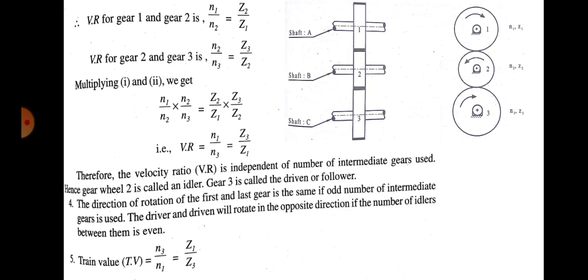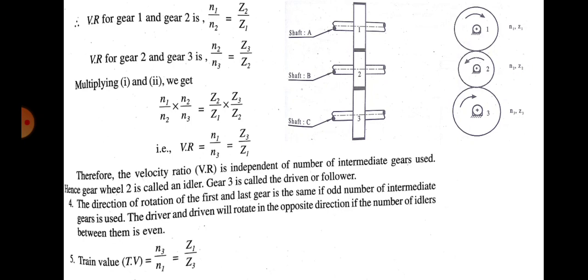You can have n number of intermediate gears in between, but the speed of the first gear divided by the speed of the last gear will be equal to the number of teeth on the last gear divided by the number of teeth on the first gear, irrespective of how many intermediate gears there are. They are not at all considered in finding the velocity ratio.